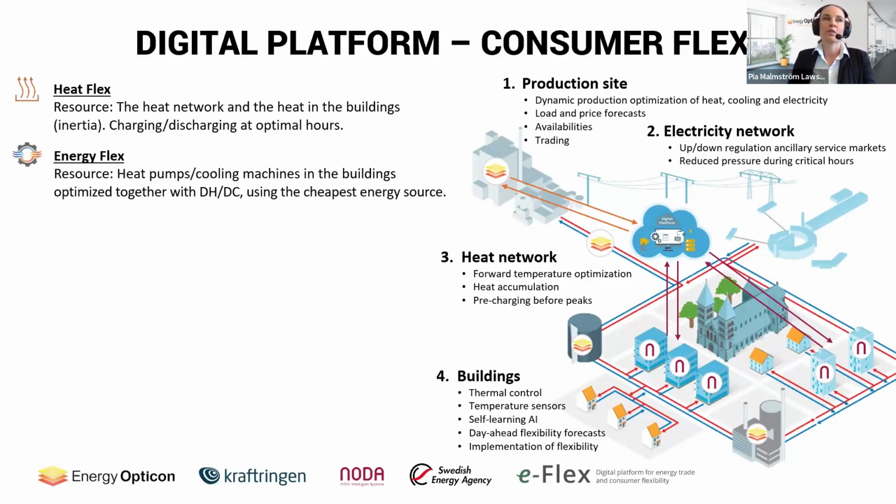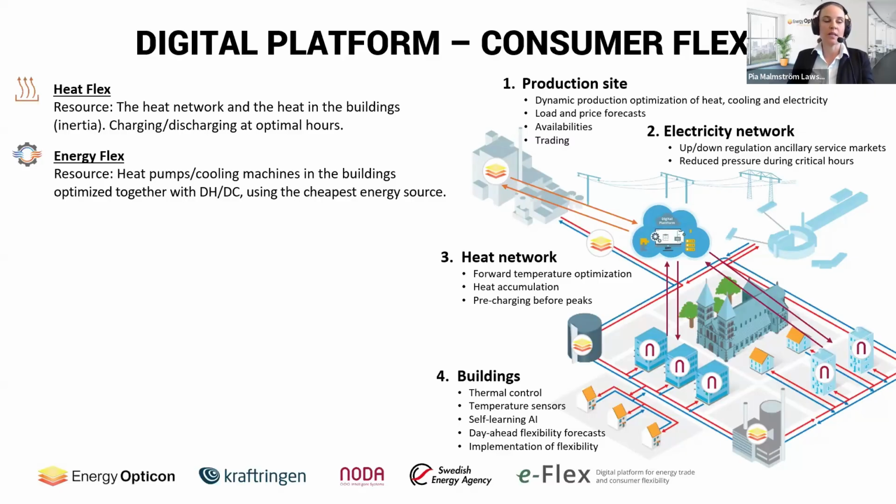And then you have what we call the energy flex, where the resource is heat pumps in the buildings or cooling machines, which is optimized together with district heating and district cooling, where the optimization is always using the cheapest energy source and then automatically using what is the best for the energy system.